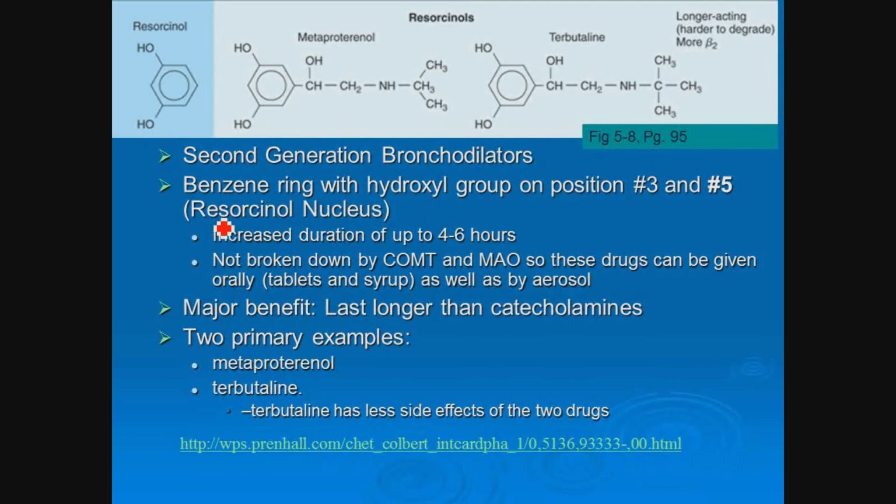So they can be given as a syrup or as a pill. I benefit from them, I have longer duration than I did with my simple catecholamines. Okay. Two examples that are there, although one of them you probably will see going away within the next year or so, and that is metaproterenol. And terbutaline is an interesting drug for a lot of other reasons that we'll talk about in a sec.